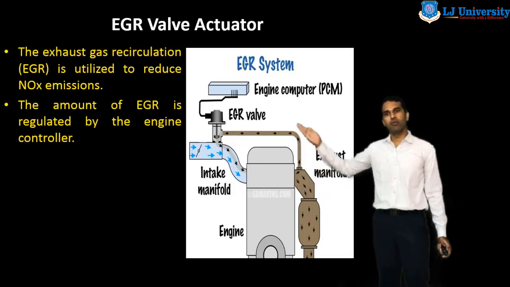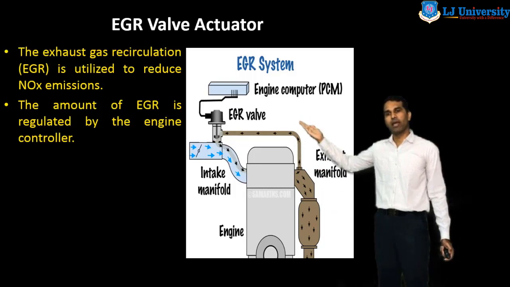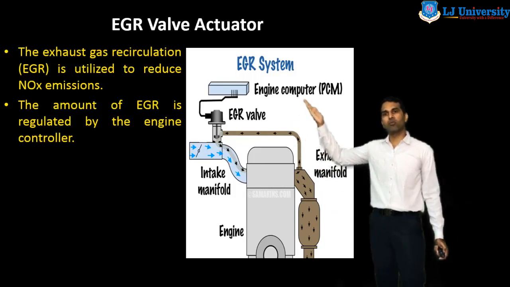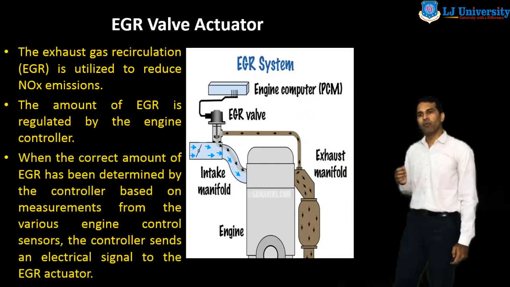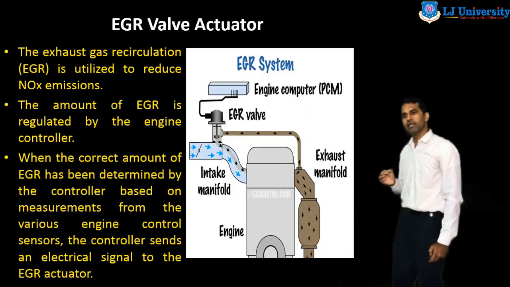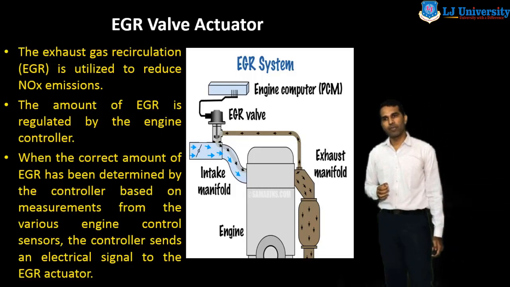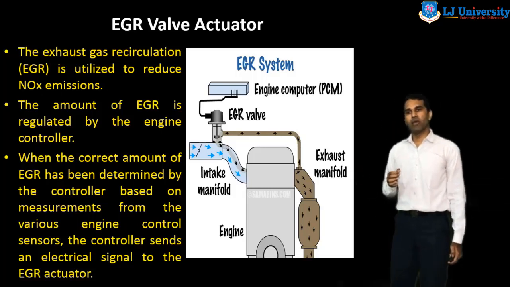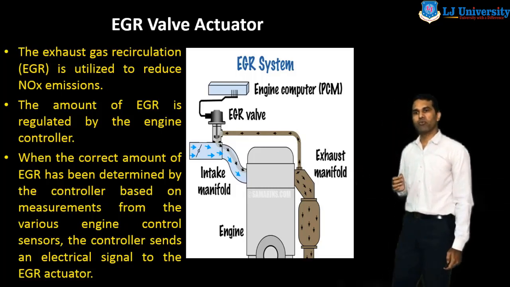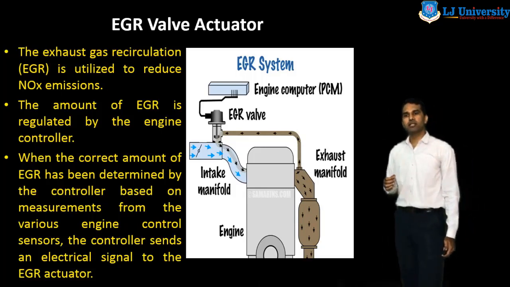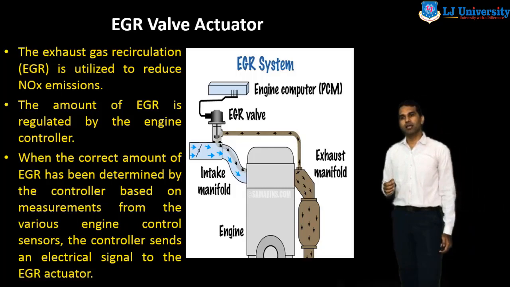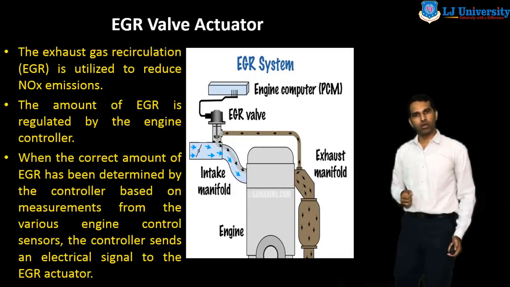We can see this is the EGR valve, and the EGR valve is controlled by this ECU. When the correct amount of EGR has been determined by the controller based on the measurements from the various engine control sensors, the controller sends an electrical signal to the EGR actuator.